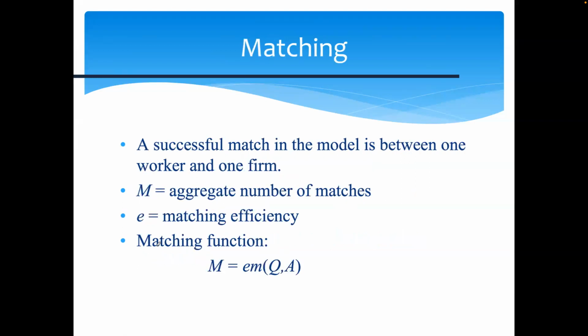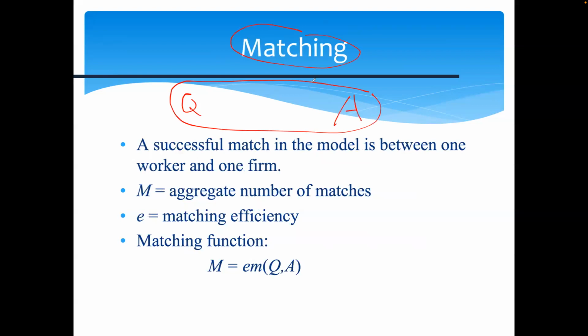Now we have two sides, right? On the one hand, you have Q workers on the market. On the other hand, you have A potential jobs available. And then we bring them together, and there's some matching process. You can think about this like a dating market. What's going to be the outcome?